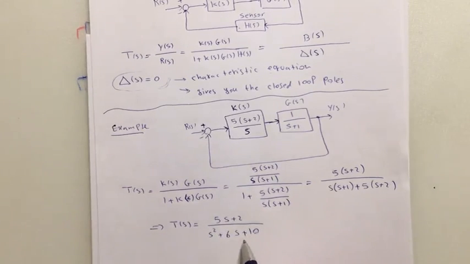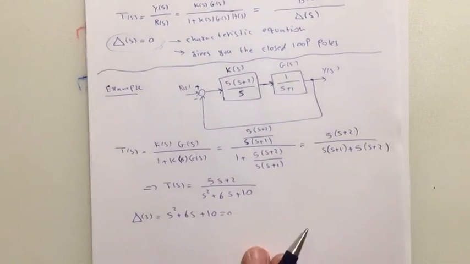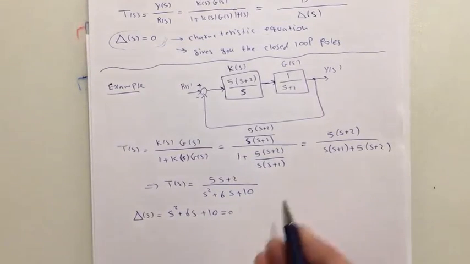Let's see what the characteristic equation is. If you set the polynomial in the denominator equal to 0, which is s squared plus 6s plus 10 equals 0, this is the characteristic equation. Because it is a second order system, it is easy to solve and find the closed loop poles.